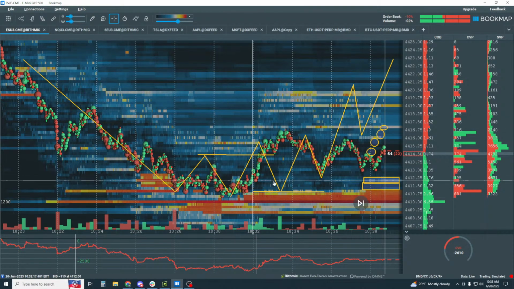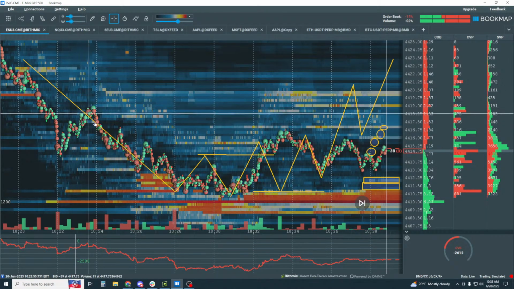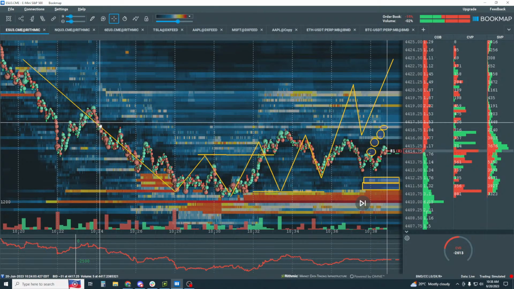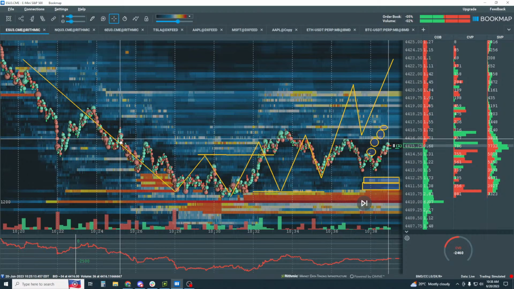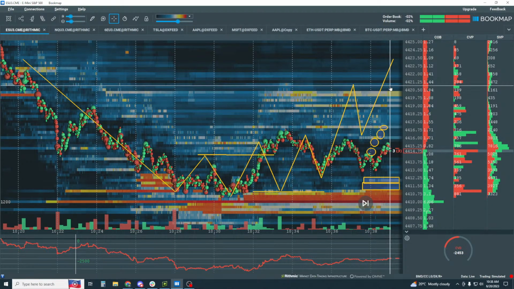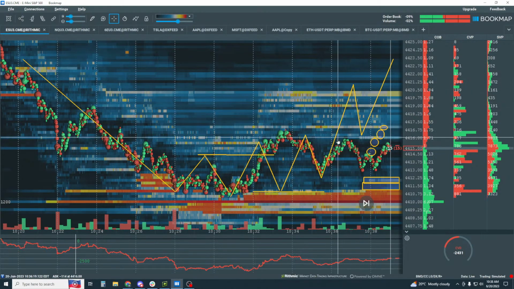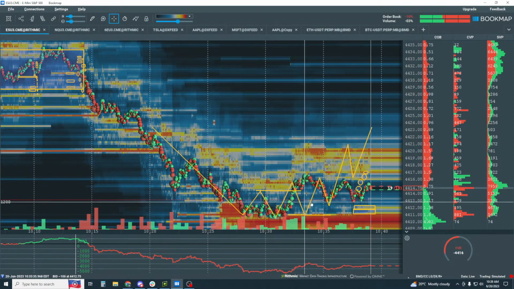All right, so it takes a while, and let's talk about it in terms of Wyckoff, from markdown to accumulation to markup. Okay, so anyway, that's understanding the change here in the order flow.